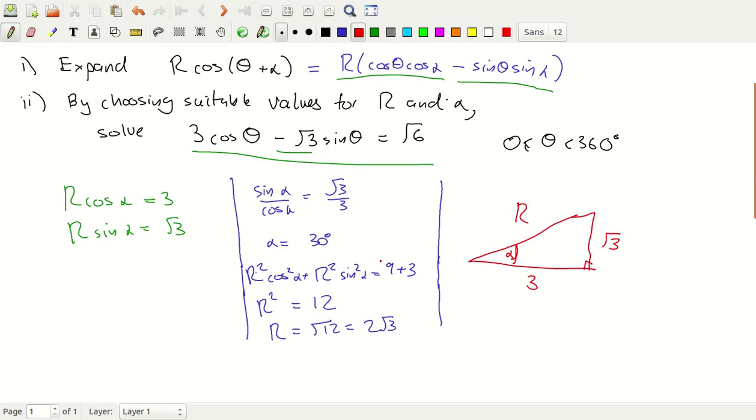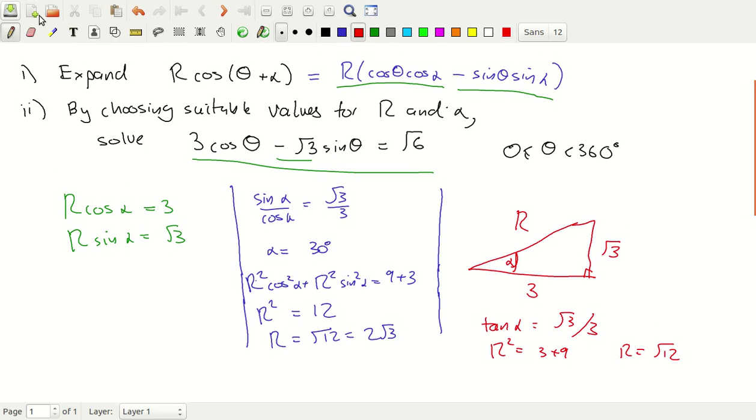So the equations in green automatically make us think of this red triangle, and our task is to find the angle and hypotenuse. It should be obvious that tan alpha is root 3 over 3, because it's the definition of tan, opposite over adjacent, and that r squared equals 3 plus 9, so r equals root 12, because that's just Pythagoras. Those two approaches are morally similar, but it depends whether you're more comfortable with the algebra or the geometry.